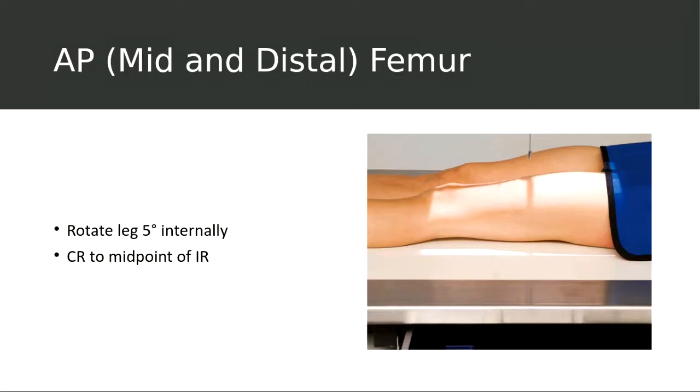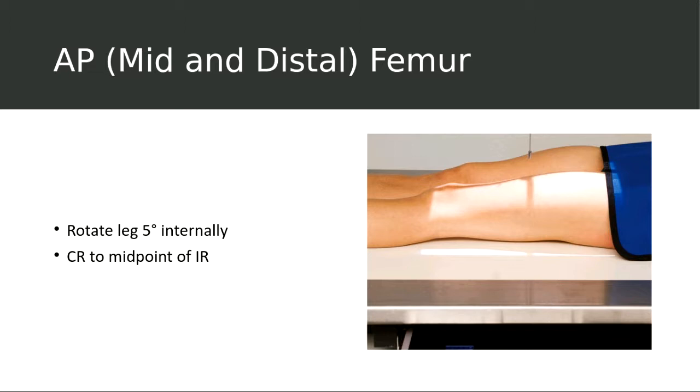So typically 2 separate APs and 2 separate laterals. Now, if you had a smaller pediatric patient or maybe a very small adult that it would fit, then you might be able to do that. But typically, if that's the case, they're probably not ordering a femur on that patient.